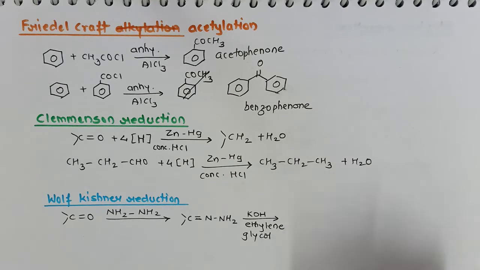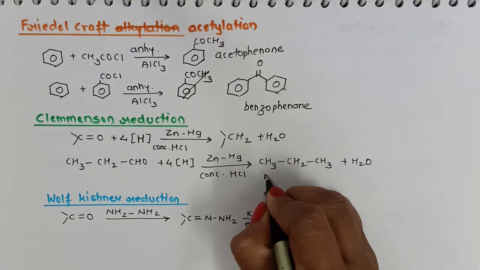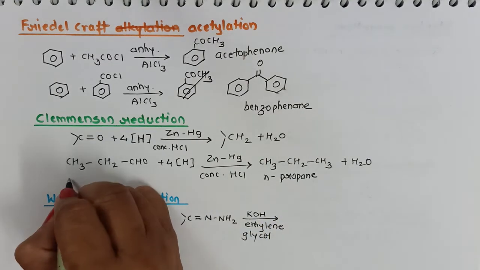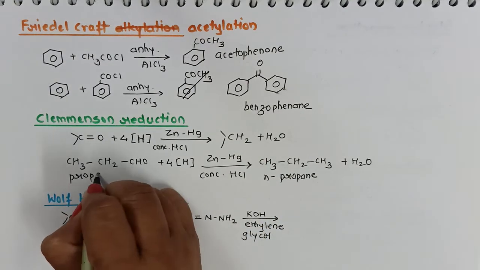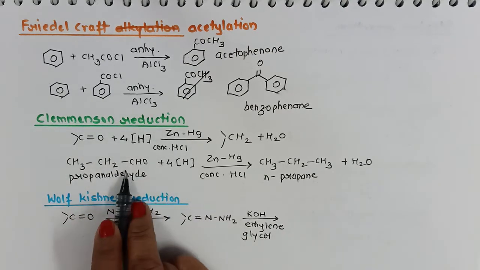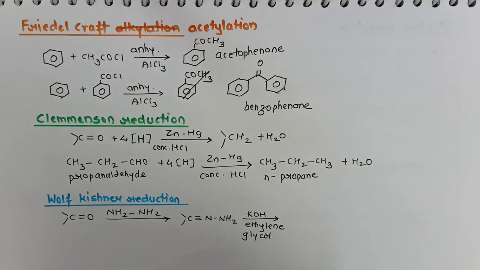Here the number of carbon atom remains same. There is no change in the number of carbon atom. So the product obtained is n-propane from propanaldehyde. So this method is the conversion of aldehyde to corresponding alkane.